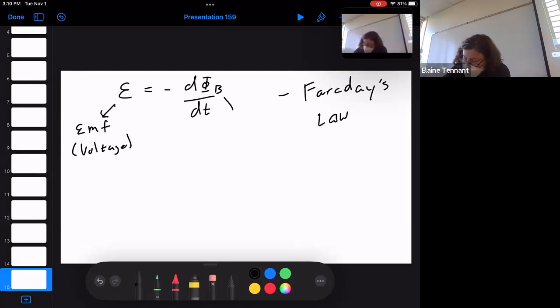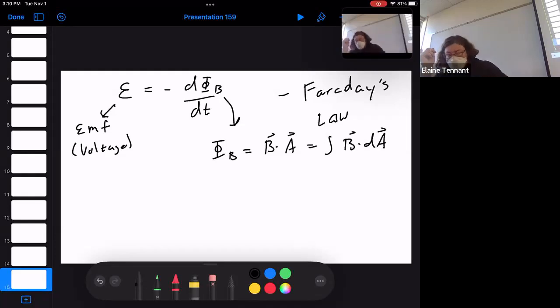Over here, I have this magnetic flux, which we have just been calculating, where your magnetic flux is B dot A, or you, of course, can have this be an integral of B dot dA. Okay, so what this says is that if you change the magnetic flux through some region, some area, that will make an electrical voltage.